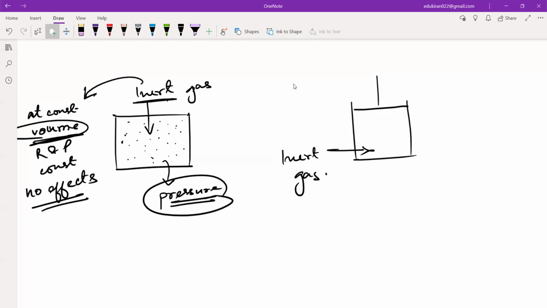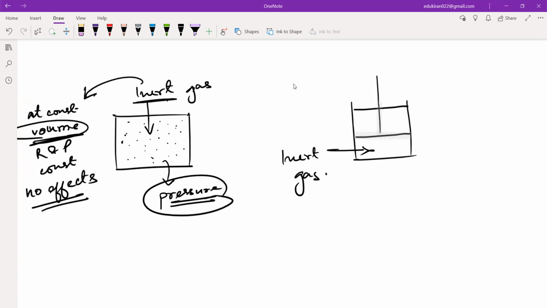Now there's a change in volume, yes or no? Yes, sir. There's a change in volume. Please remember that if this piston is movable, it is maintaining a constant pressure because it does not want to increase the pressure.